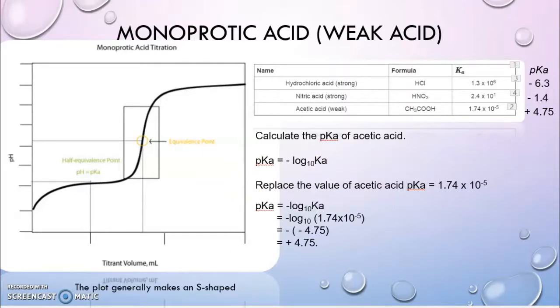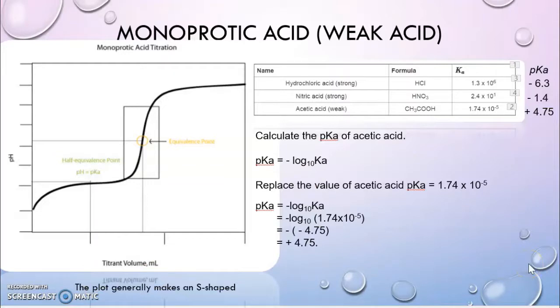Now we try to look at one example of the calculation. Assuming that you wanted to know the pKa value of acetic acid, and the information that you know is the Ka value, or the acid dissociation constant, of acetic acid, which is 1.74 times 10 to the power of negative 5.